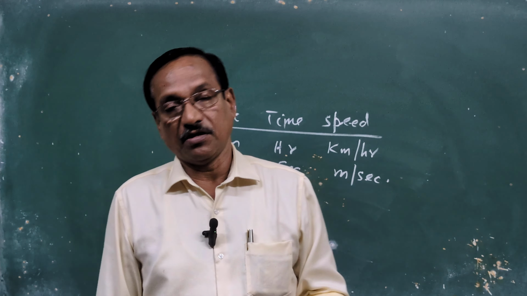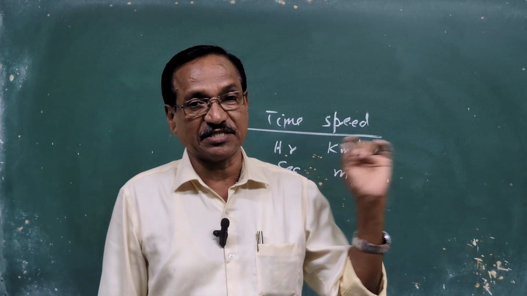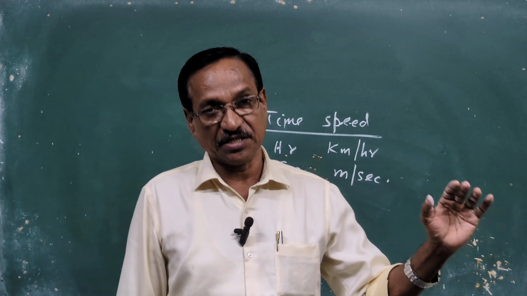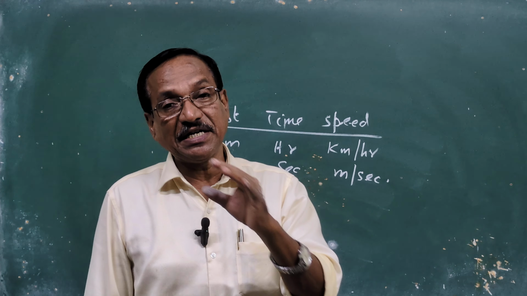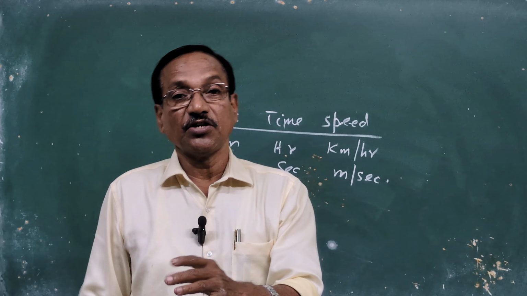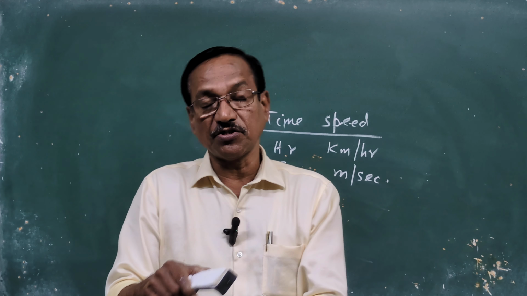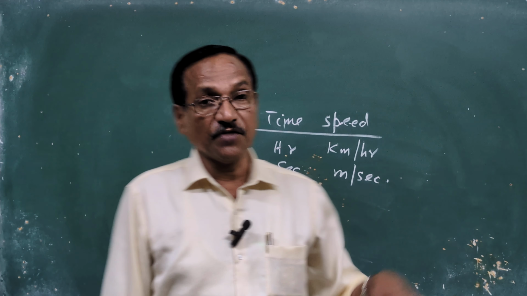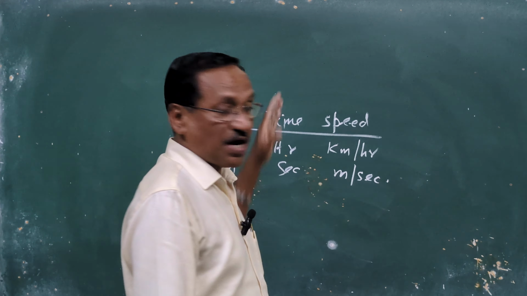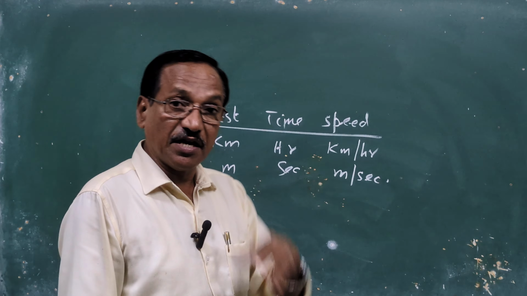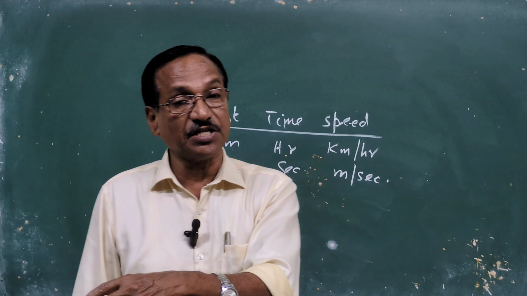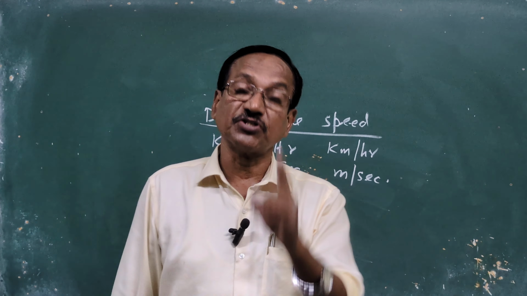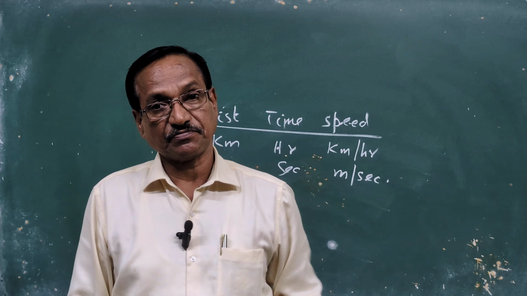If the distance and the time are in kilometer and hour, and if the speed is in meter per second, you should convert the unit of the speed to kilometer per hour. Similarly, if the distance and the time are in meter and seconds, and if speed given in the question is in kilometer per hour, you should convert it to meter per second.